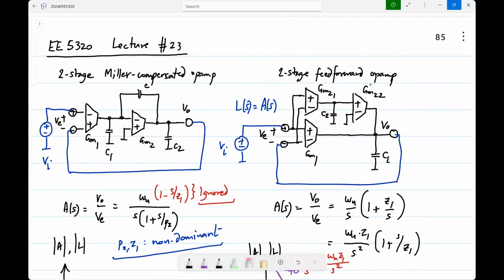Similarly here, what happens around the unity loop gain frequency? Basically, you have that in feedback, something like that. The second pole is further away.